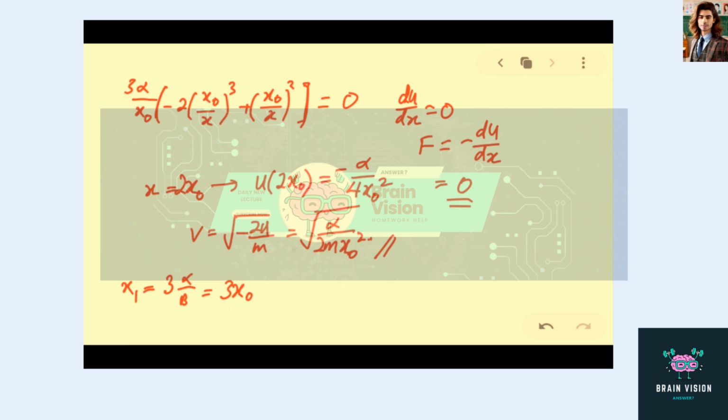We substitute x equals 3x naught into the potential equation. We should simplify and get negative 2 alpha over 9x naught squared. So this is the value of the potential at the start. The initial total energy is now not 0, but rather it is equal to negative 2 alpha over 9x naught squared.